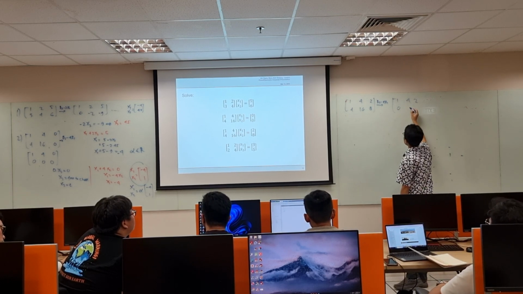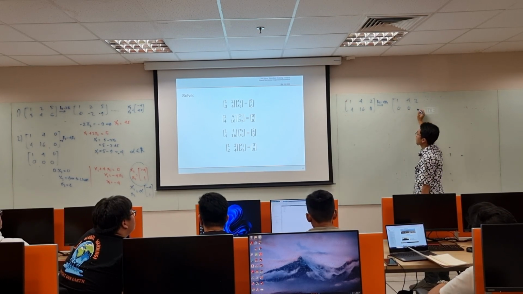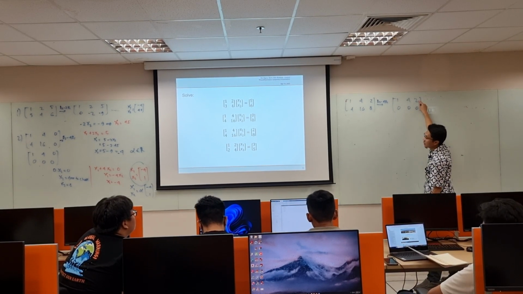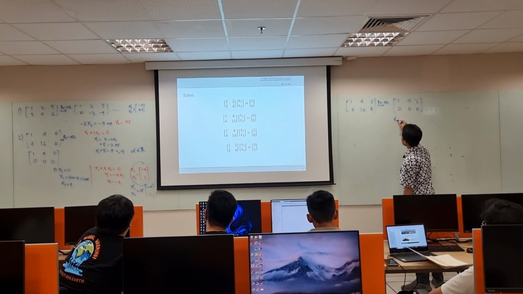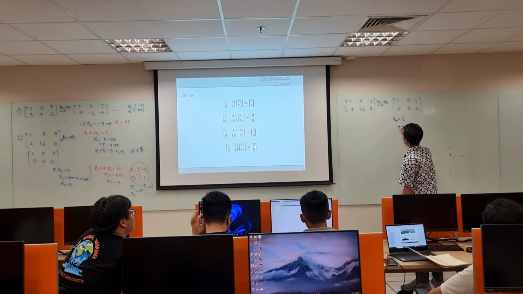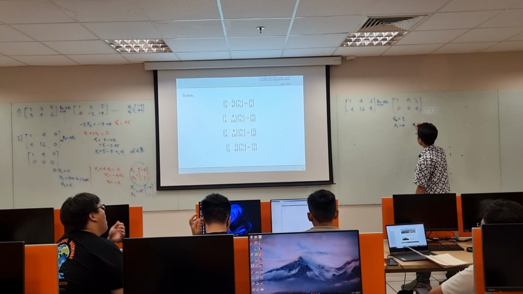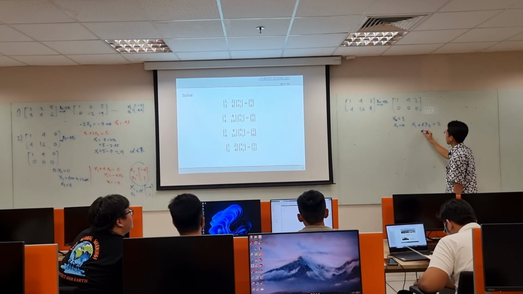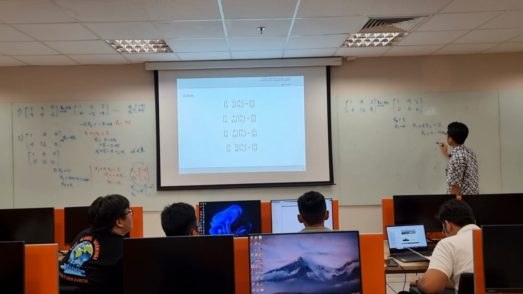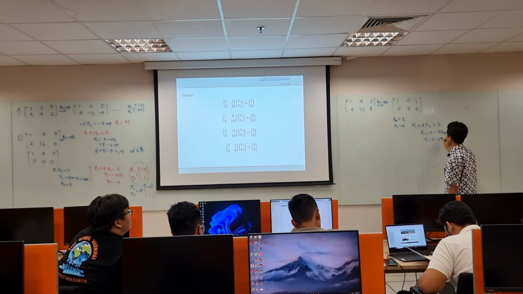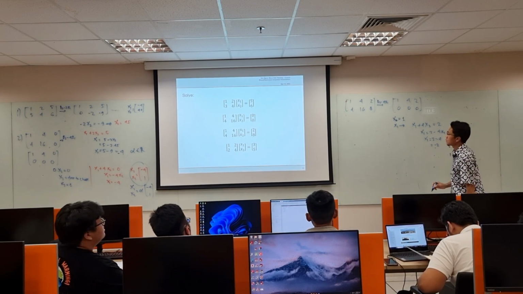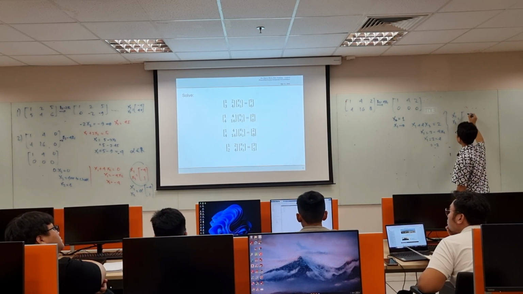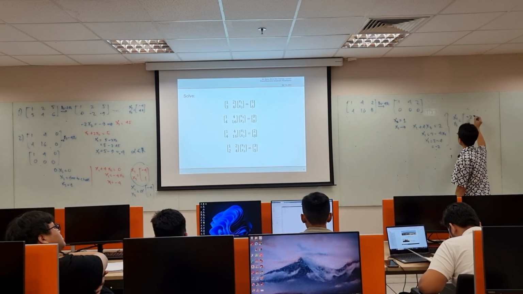This is 0, 0, 0, but this is 2, not 0 there. So let's say x2 is 1, then you get x1 equal to 2 minus 4x2, which is -2. So the result here is -2 and 1.